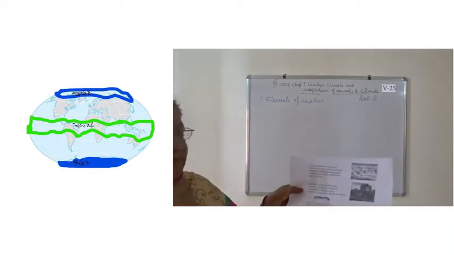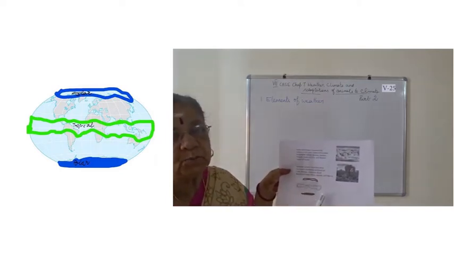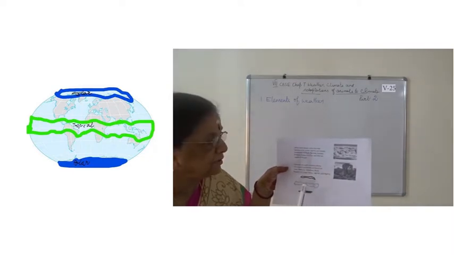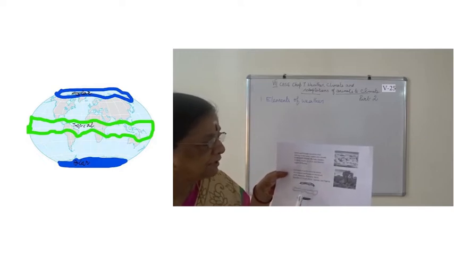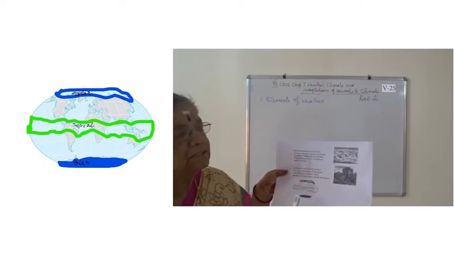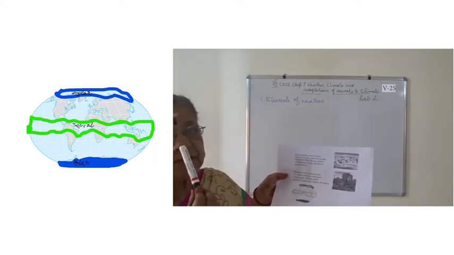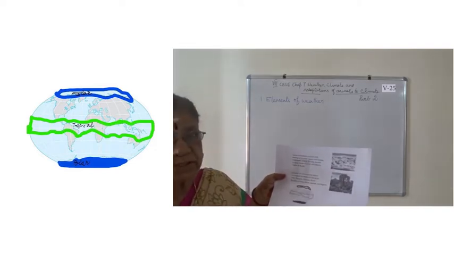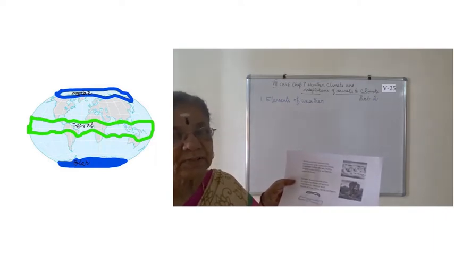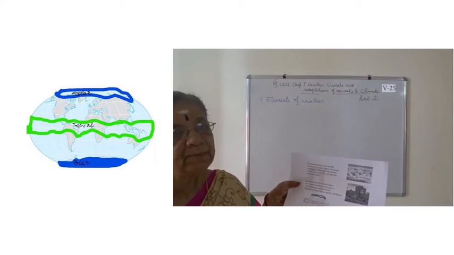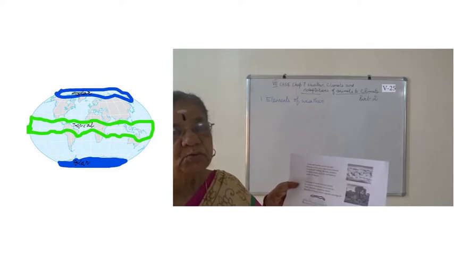This picture also you will see now. The mid portion of the globe, the equator portion of the earth, is the tropical region, and the opposite ends are the polar regions. In the polar region we find many penguins, and in the tropical forest region we find many inland habitats, plants and animals found in the forest.